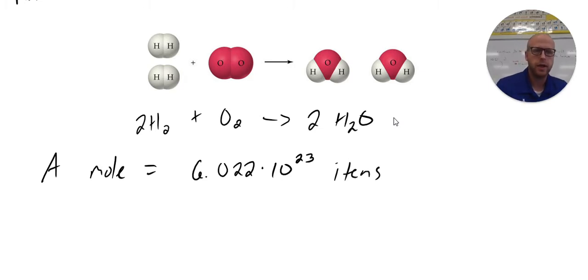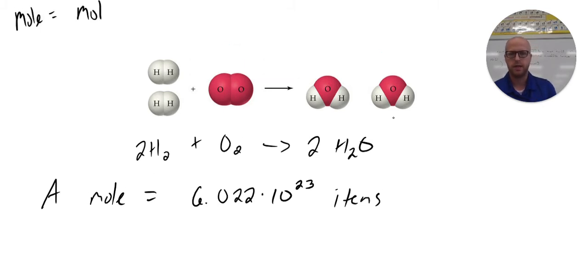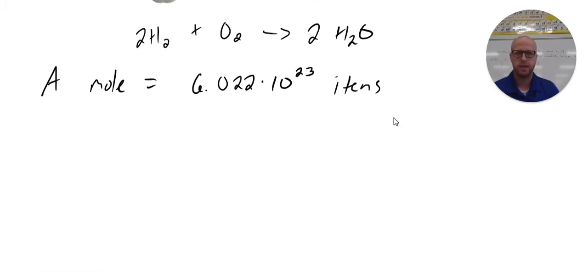So since it's a unit, just like a dozen, you can have a dozen of anything. Maybe I have a dozen shoes, I have a dozen students, I have a dozen pens. Technically, you could have a dozen or a mole of anything. And when you have a mole of something, what you're saying is you have 6.022 times 10 to the 23rd items. Okay?